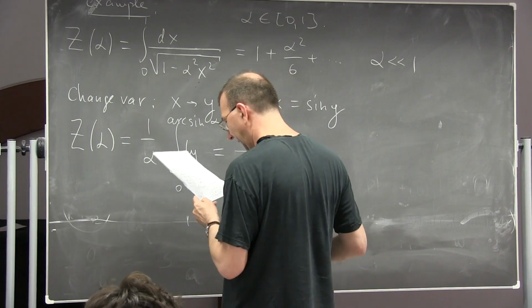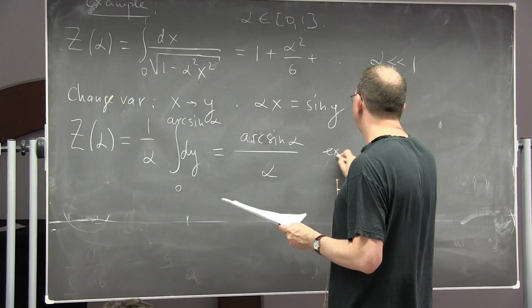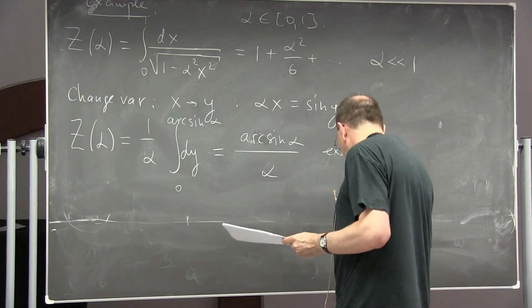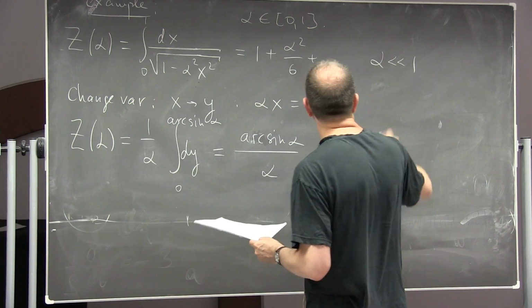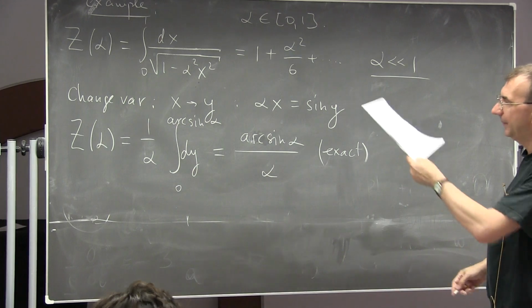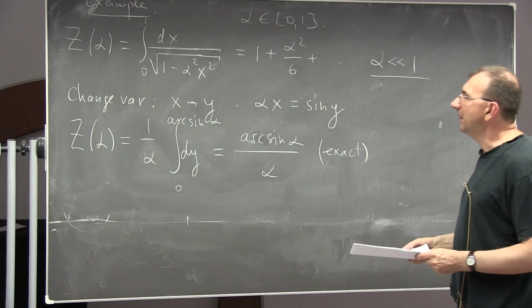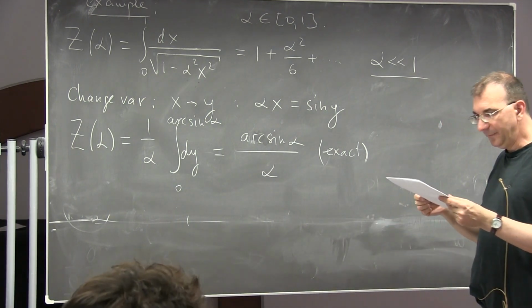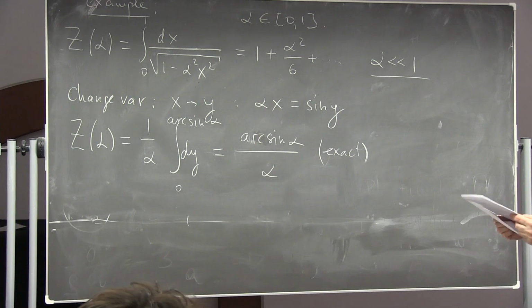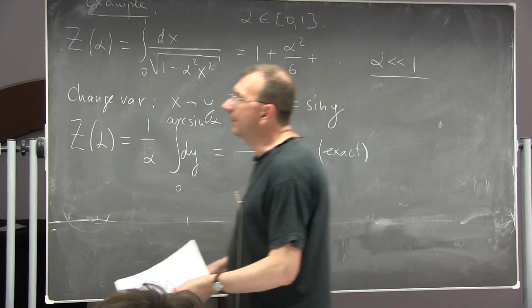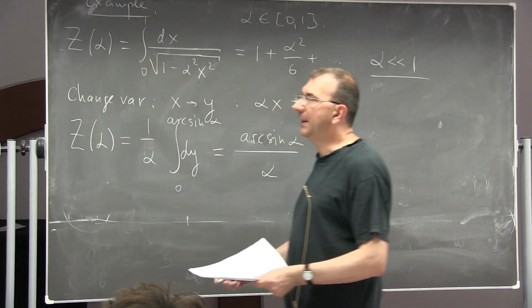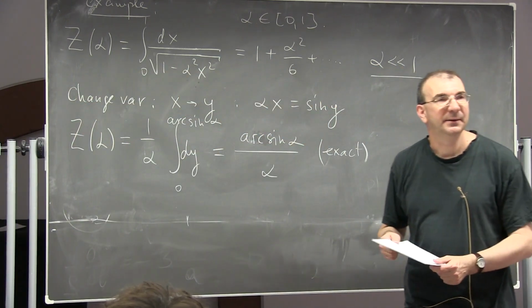And you can show that this is the exact solution, and that in the limit of small alpha it gives you the expansion above. So the moral of the story is the following: if you know how to change variables in your path integral in a clever way, so that it becomes something manageable, then you can find the answer.